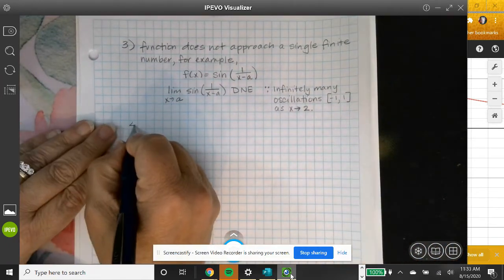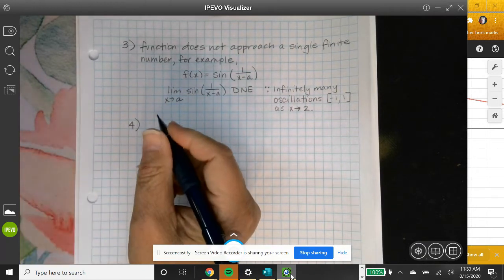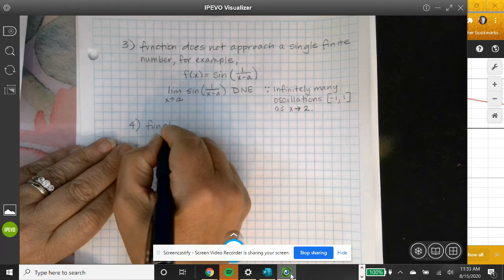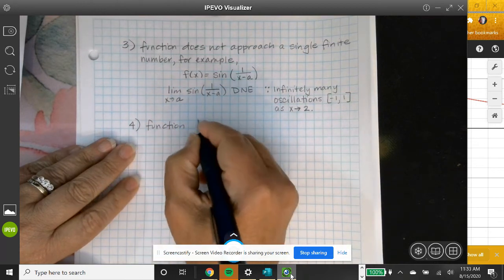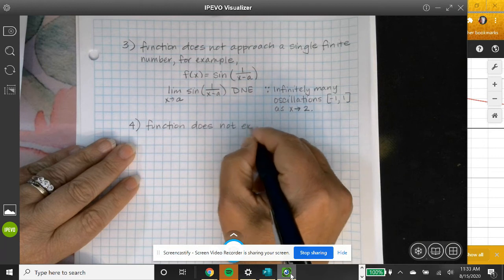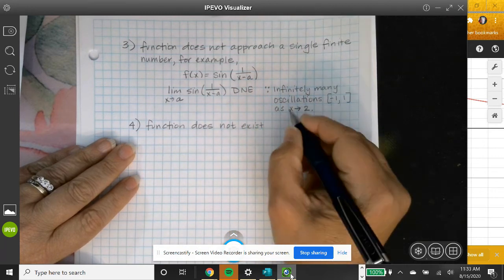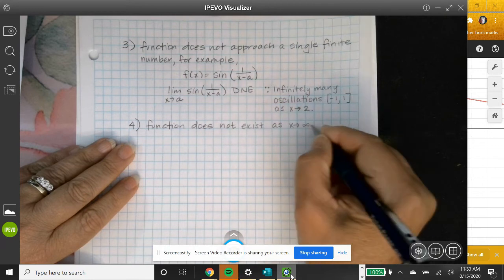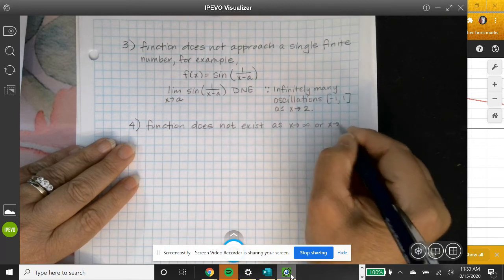All right, so number 4, last one. A function does not exist as x approaches infinity or as x approaches -infinity.